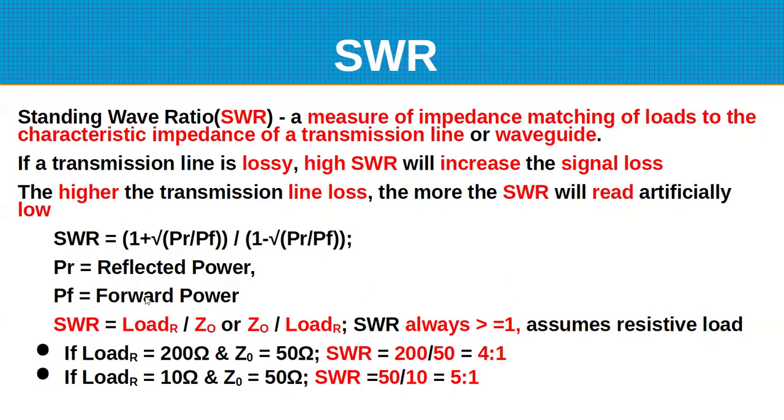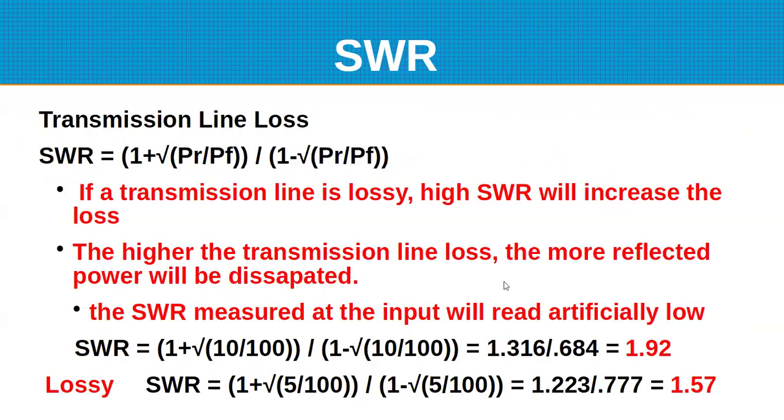Also, the power going to your antenna or into the feed line we call forward power, and what's coming back we call reflected. You don't really have to remember this formula, but it's how you can calculate the SWR if all you know is the forward and reflected power.